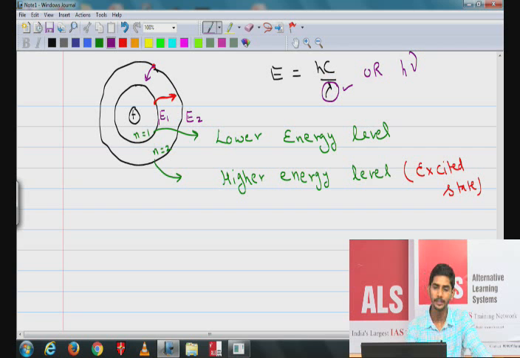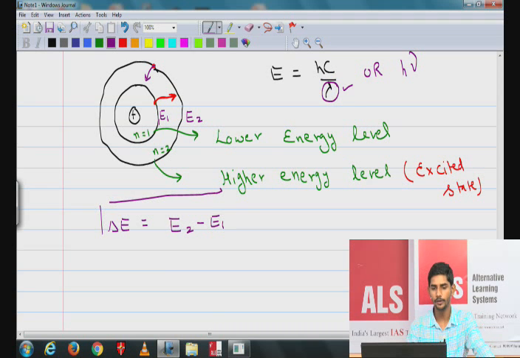If I talk about the change, it is E2 minus E1, which is delta E. So this is the formula that we have extended just now by putting in the energy relation.